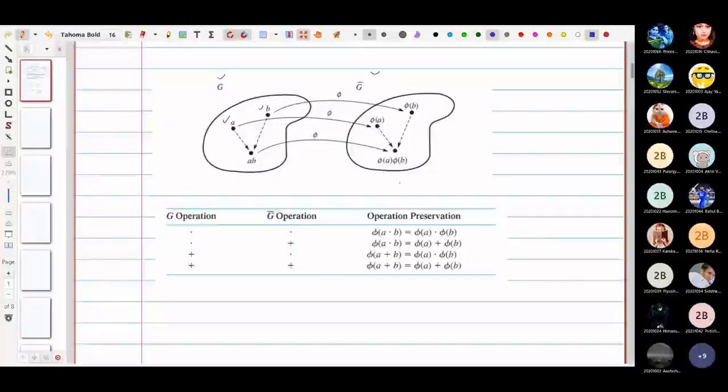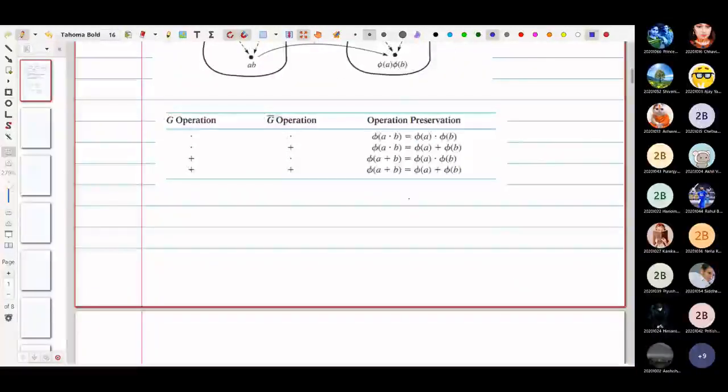For better understanding, you can refer to this table. If G has operation dot and G bar has operation dot also, then we can denote this operation preservation like this. Here is the operation of group G, and here is the operation of group G bar. If we change the operation, here is dot, here is plus, so we write like this.